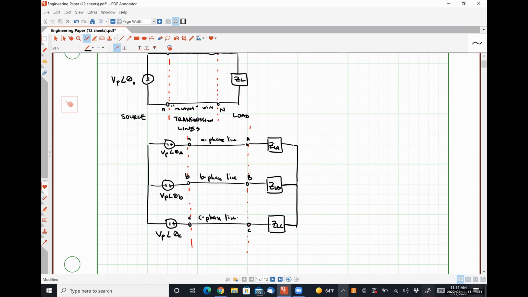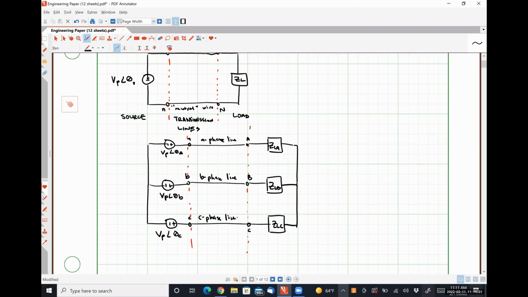So from an infrastructure standpoint, distributing power in this way is significantly cheaper than having just a single-phase system, which is why we utilize three-phase power for transmission of power over long distances.